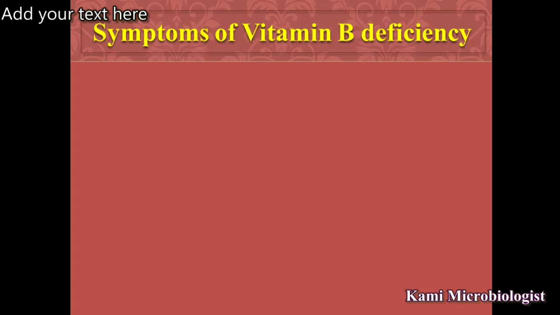Now let's see the symptoms of vitamin B deficiency. Let's suppose the vitamin B gets low in the body, so what type of symptoms will appear? We have fatigue, and anemia in some cases. In most vitamin deficiencies, anemia is also caused, as I already discussed.